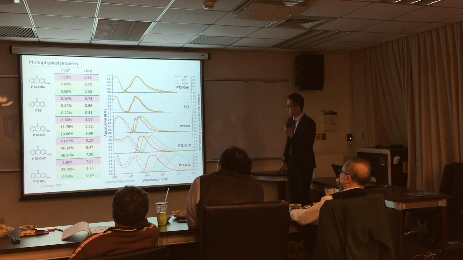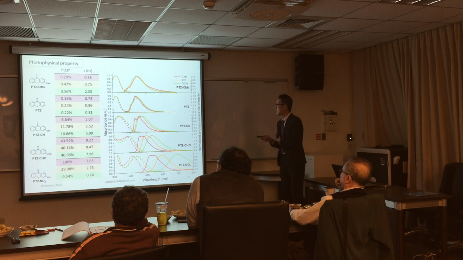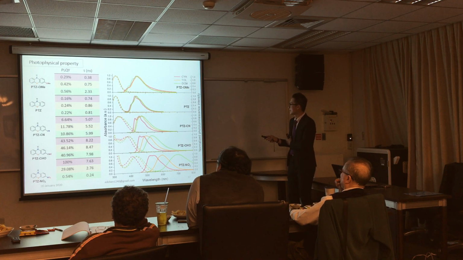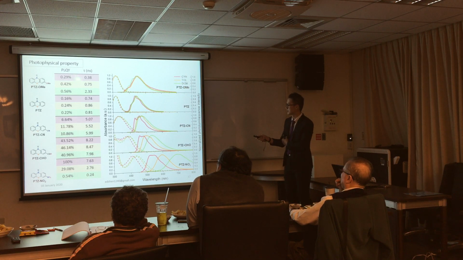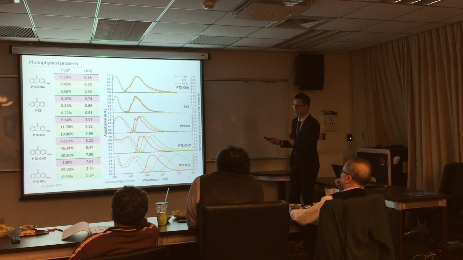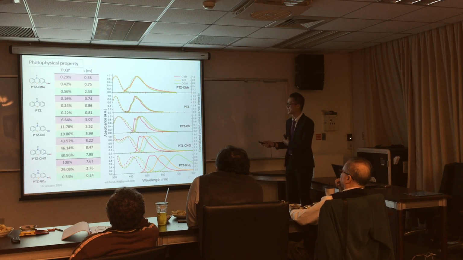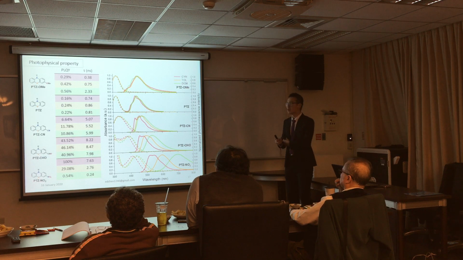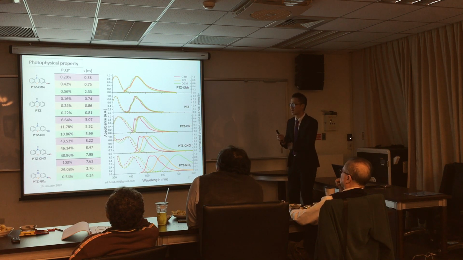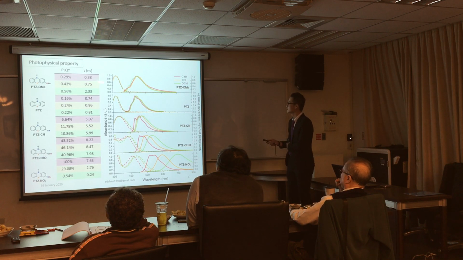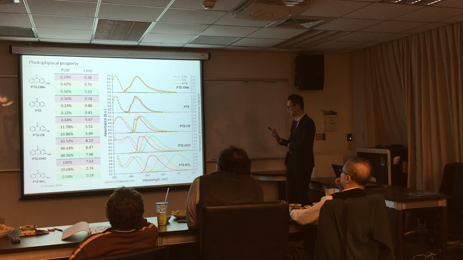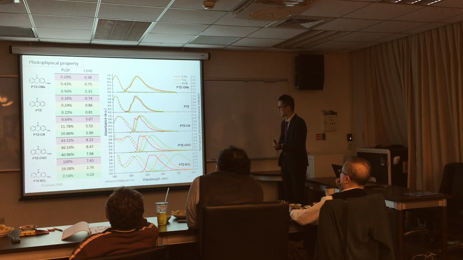Here are their photophysical properties. In PTZOME, you can see the red, orange, and green lines represent cyclohexane, toluene, and DCM respectively. For PTZOME, we can see the absorbance is mainly focused in peaks at 320 nanometers, which can be ascribed to pi-to-pi star transition, because it doesn't shift much with increasing solvent polarity.